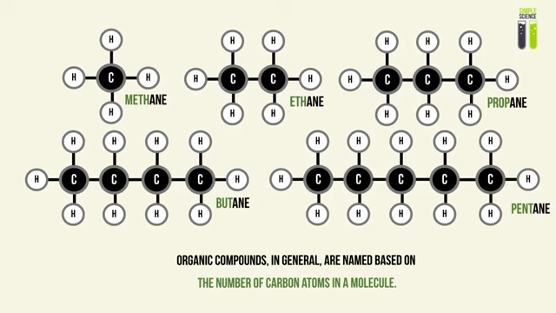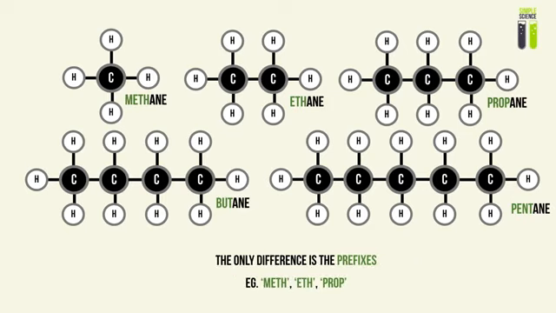So the only difference in these 5 molecules is the number of carbons and thus its name. Therefore, what is different in these names is the prefixes. For example, methane and ethane are different in terms of their prefixes: one starts with meth and one starts with eth.